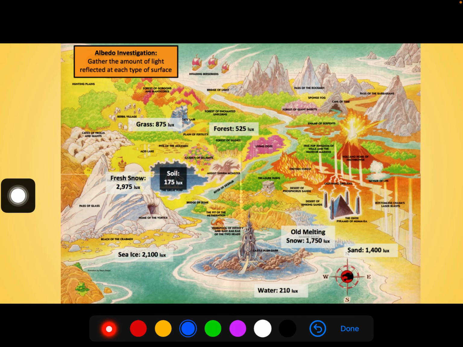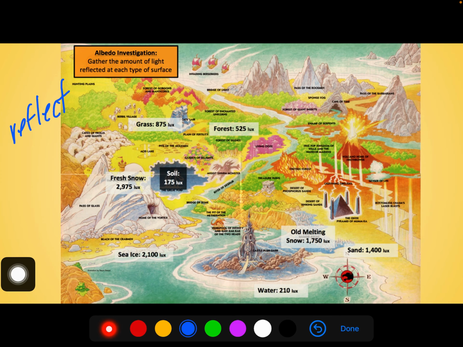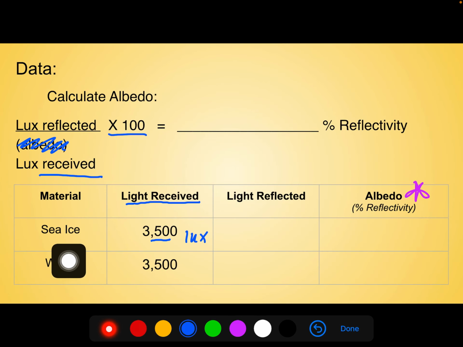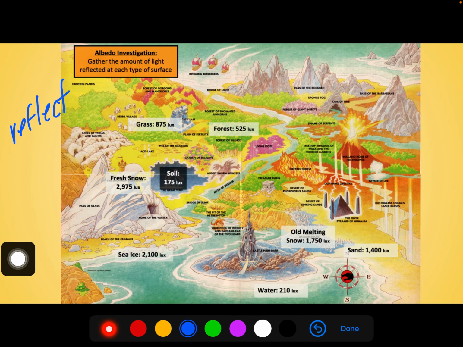And so you have a long list there. You're going to be looking at this diagram. And this diagram here is listing out a lot of different surfaces and how much, again, they reflect. Okay? So the first one we're looking for here is sea ice. So we're searching around, snow, soil, grass.